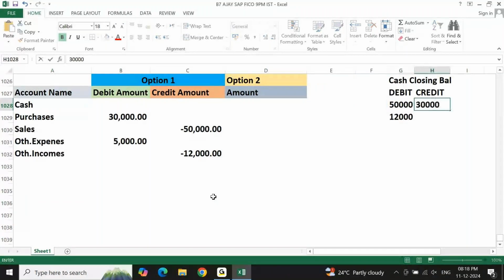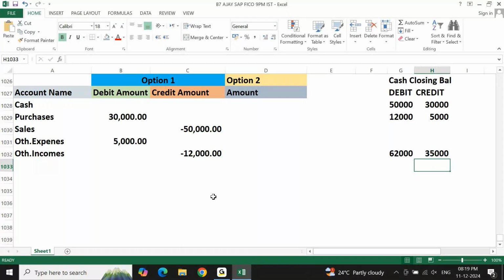30,000 and 5,000. In general, to find out any closing balance, as per accounting, I need to do a total on the debit, and a total on the credit. This everybody is aware of. And we need to make sure the account is closed on the highest side. Is debit the highest value or credit the highest value?